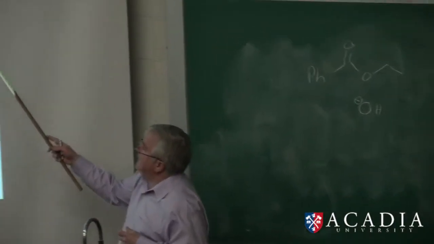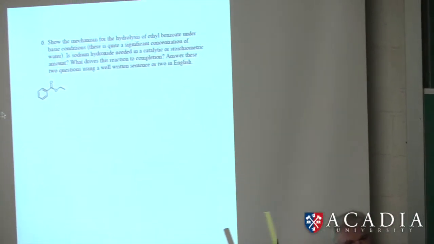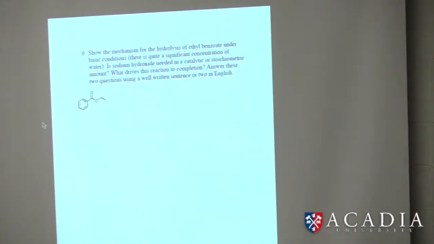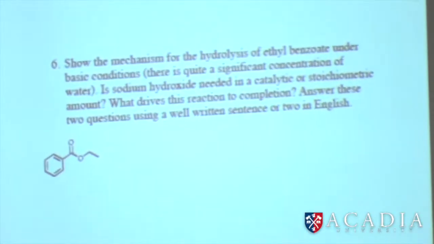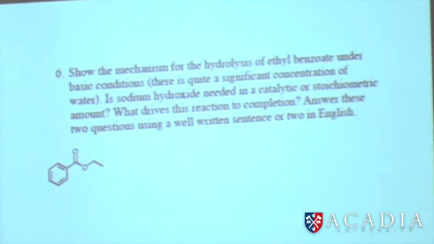There is quite a significant concentration of water. So under basic conditions in water, we should know that our reactive species is going to be OH minus. Okay? That's the hint there.